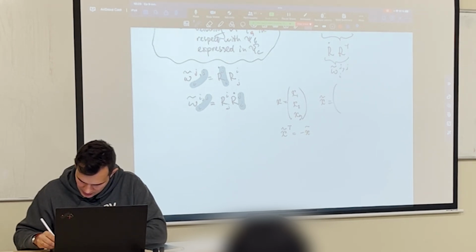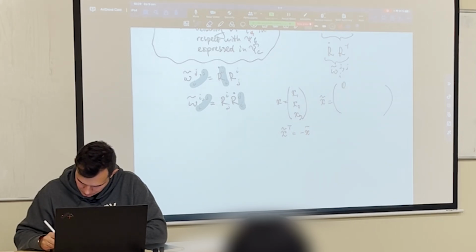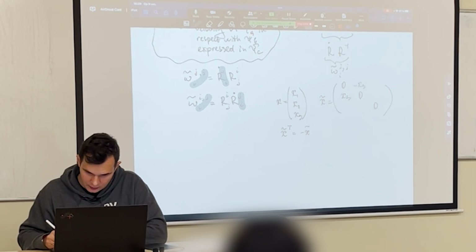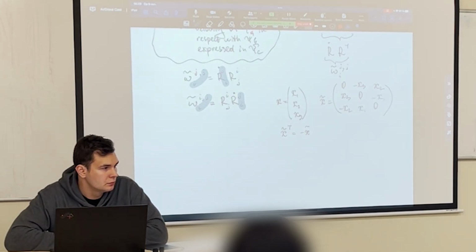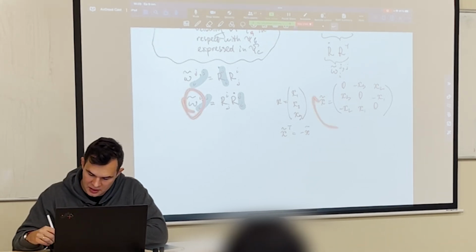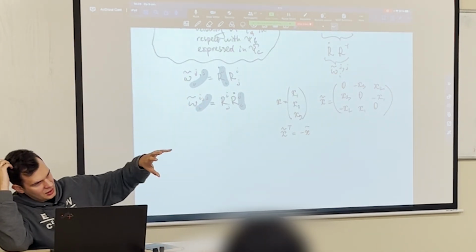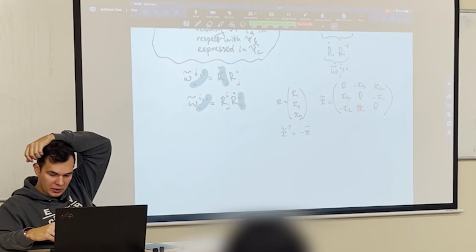What will be the elements on the diagonal? Zeros. Then x3, minus x3, minus x2, x2, x1, minus x1. So basically, this is this kind of representation of angular velocity. You have also omega x, omega y, omega z, but omega x will be here, omega y will be here, omega z will be here.